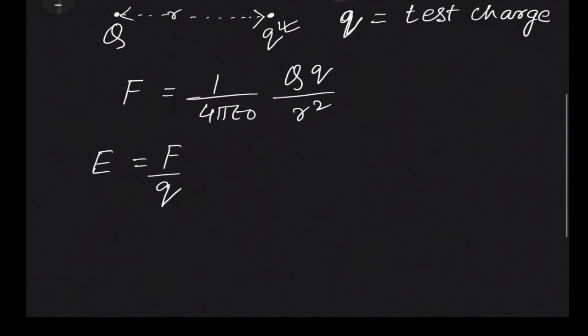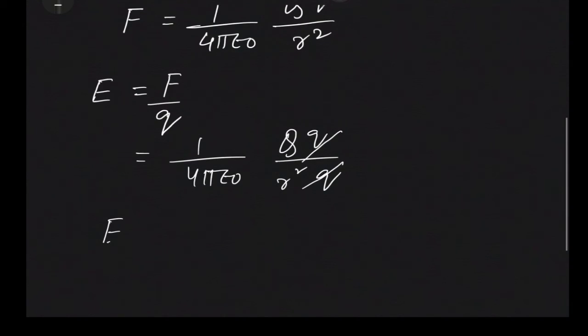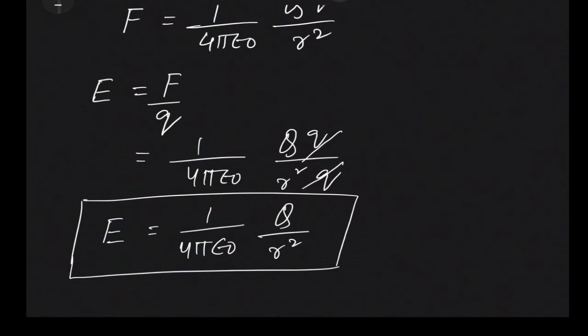If I substitute there, this q and q will get cancelled, and the expression of electric field turns out to be 1 by 4 pi epsilon naught, capital Q by r square. So this is the expression of electric field.